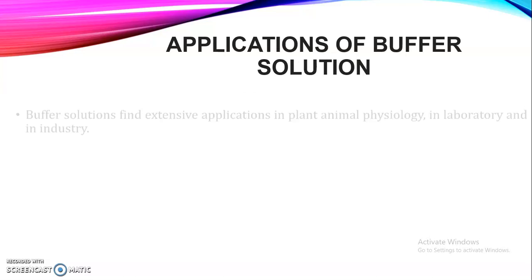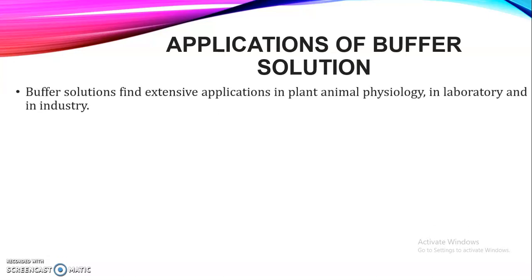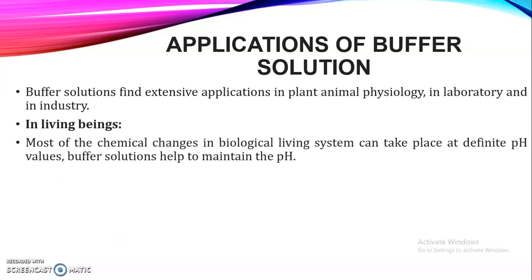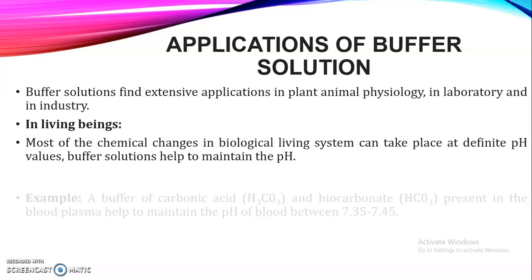Then we will see what are the applications of this buffer solution. Buffer solution finds extensive application in the plant as well as the animal physiology, as well as in laboratory and the industry. Now, in living beings, most of the chemical changes in biological system can take place at the definite pH, and that's why buffer solution helps our body to maintain the pH.